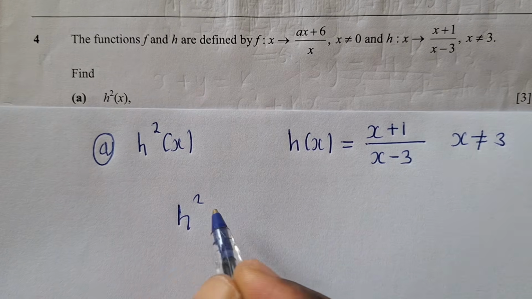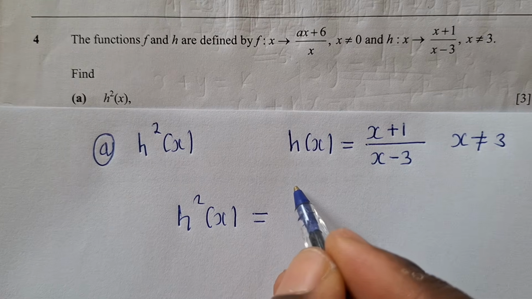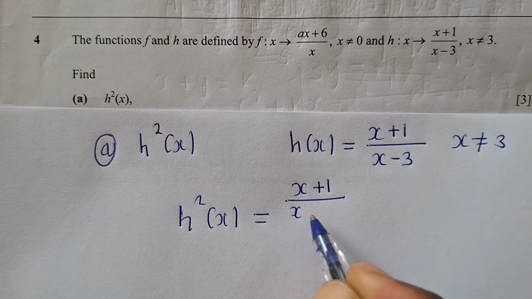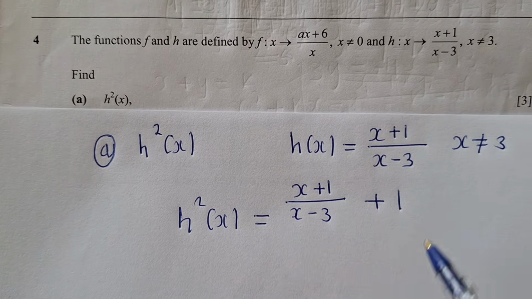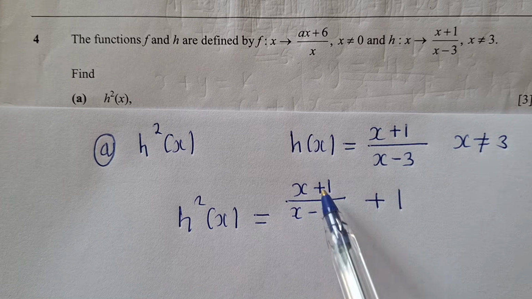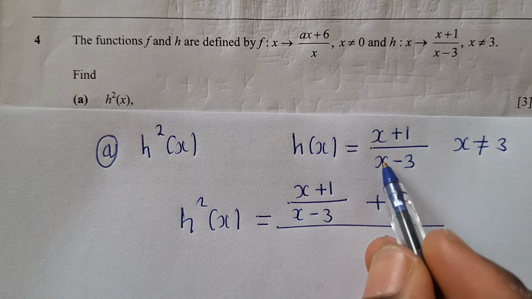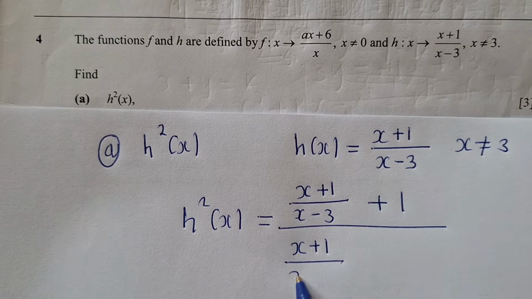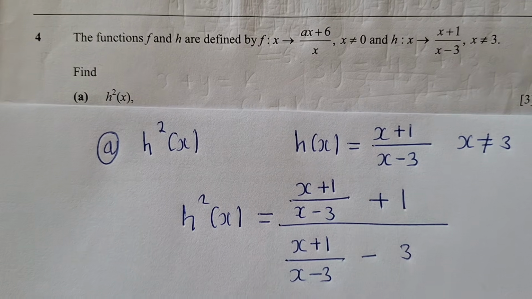So h squared of x will simply be equal to x plus 1 over x minus 3, and then we say plus 1. So you can see I've gotten this function, put it where x is, and this is how it looks. And then we say over the same thing, this put it where x is. That is x plus 1 over x minus 3 minus 3.